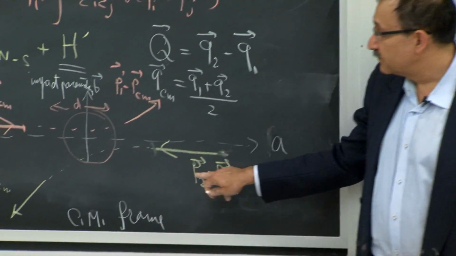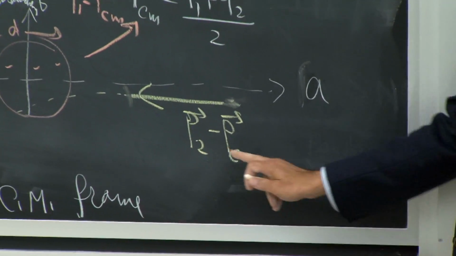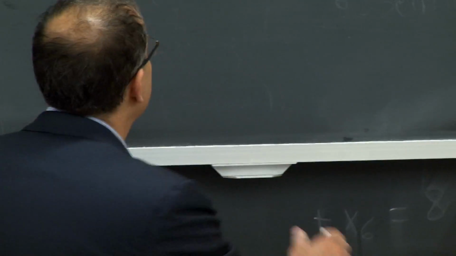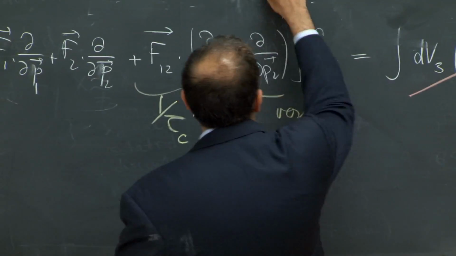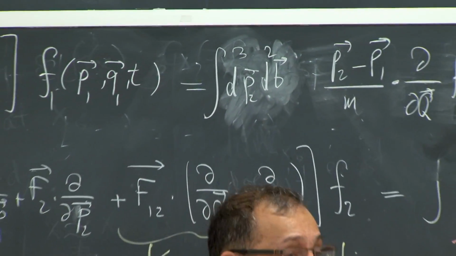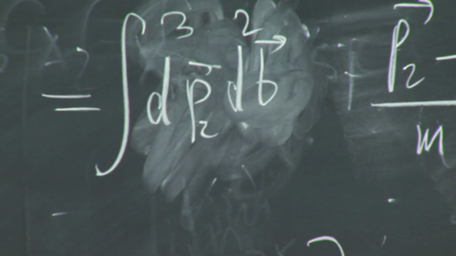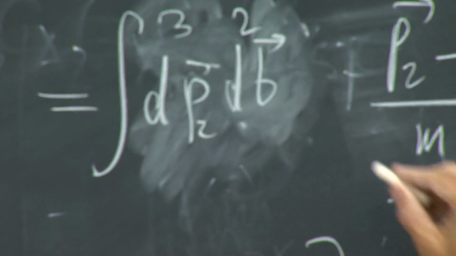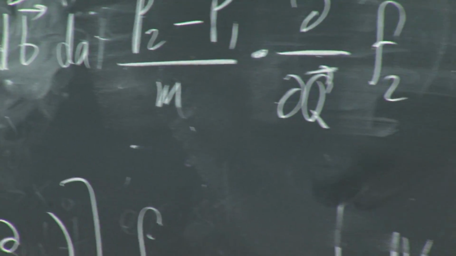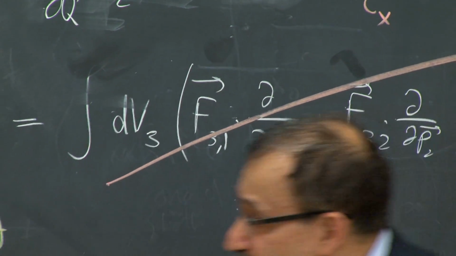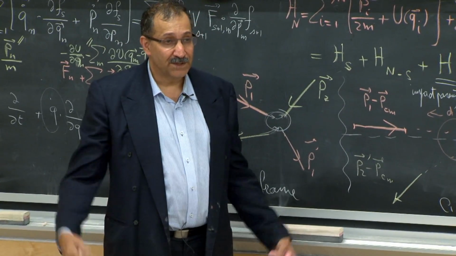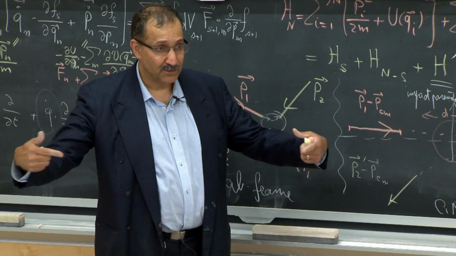Now, in this picture of the center of mass, what did I do? I replaced the coordinate Q with a part that was the impact parameter, which had two components, and a part that was the relative distance. But what was this relative distance? The relative distance was measured along this line that was giving me the closest approach.